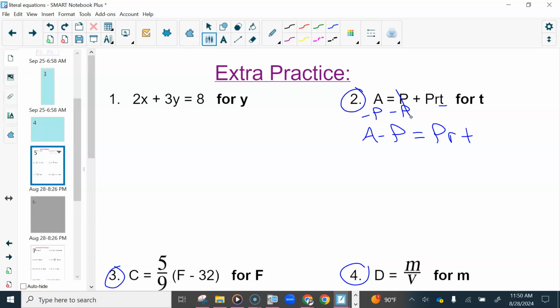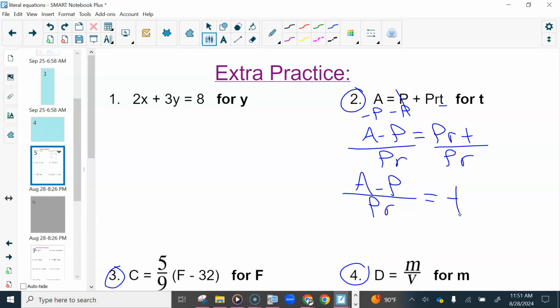But because it has P and R, I'm still dividing, but I can do that all at the same time. I can divide both P and R at the same time. So that our final equation would be A minus P over PR equals T.